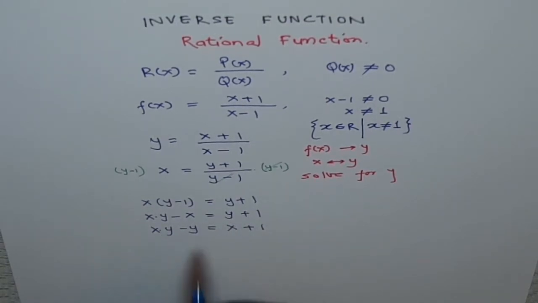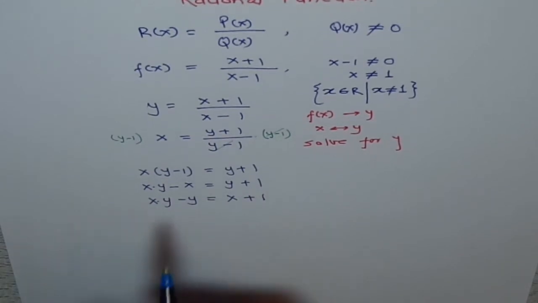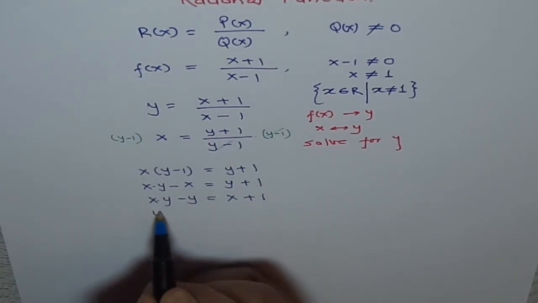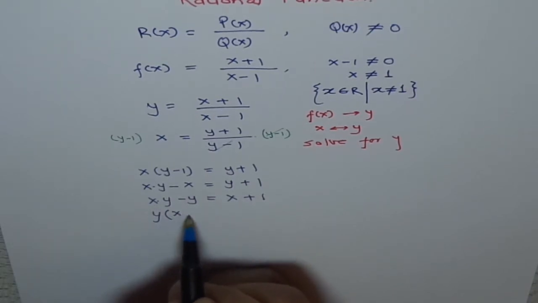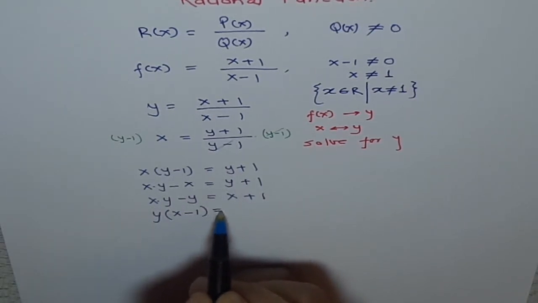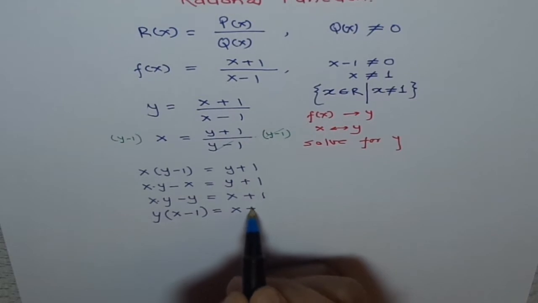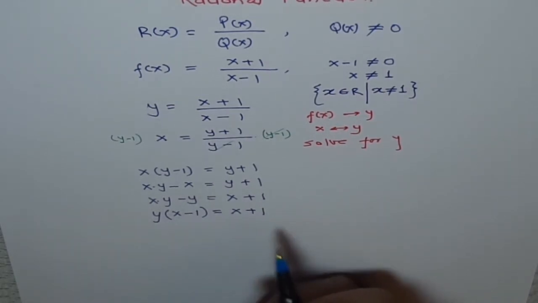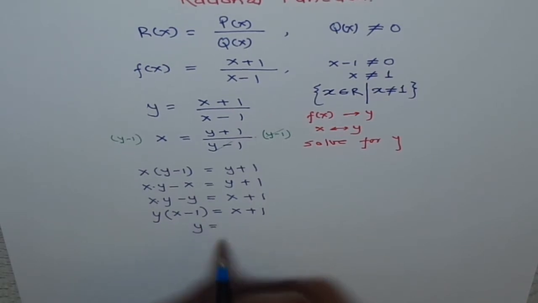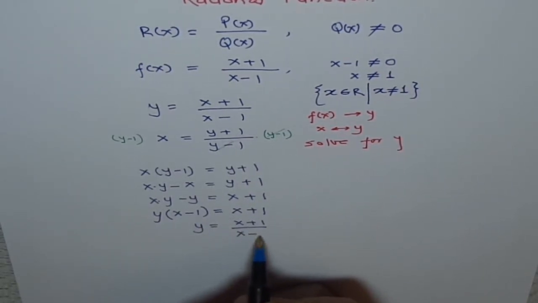Now in here we have y common, right? Factor y out. When we factor the y out, we get y times (x minus 1) equals x plus 1. And now what is y? You can divide by x minus 1 on both sides. y is equal to x plus 1 over x minus 1.